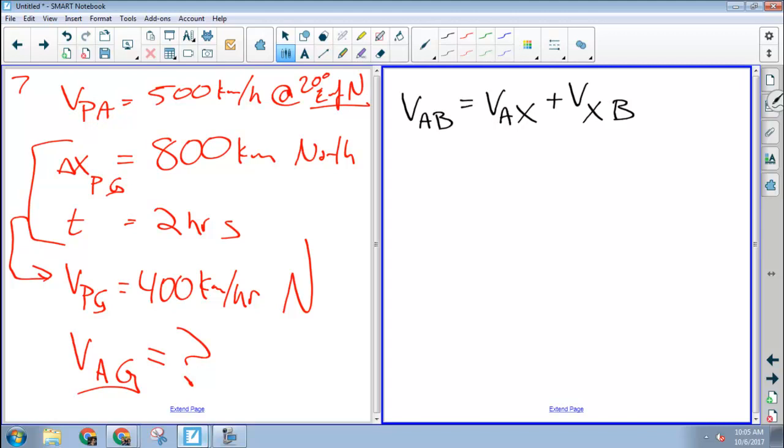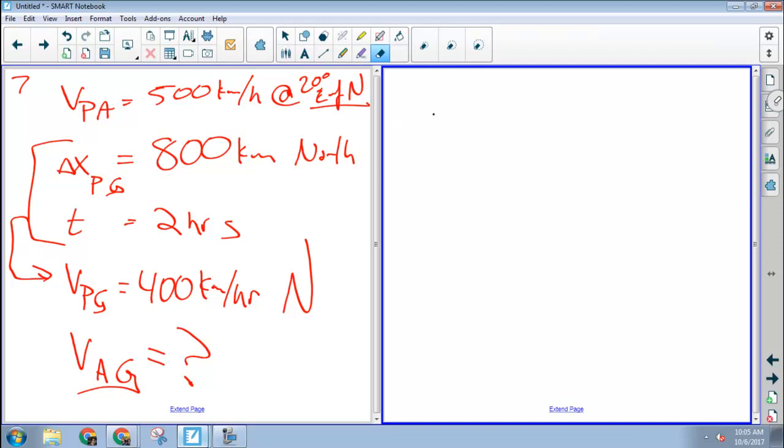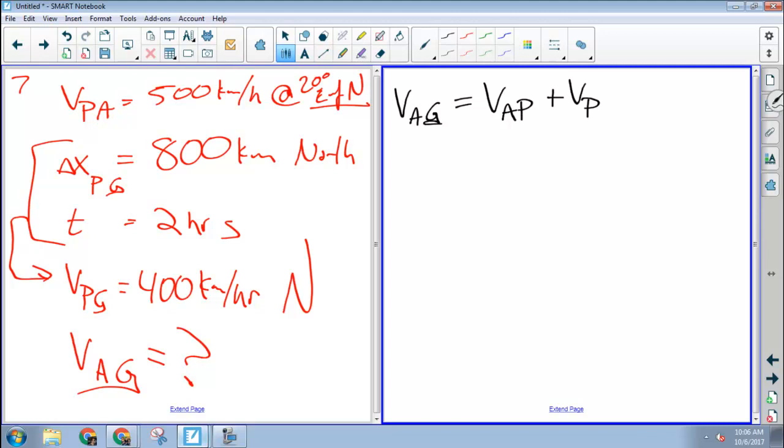So in this problem, I'm looking for the velocity of the air relative to the ground. Well, that's equal to the velocity of the air relative to, what's the other object I care about here? The plane. So this is the velocity of the air relative to the plane, plus the velocity of the plane relative to the ground.